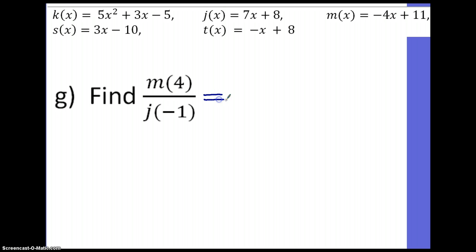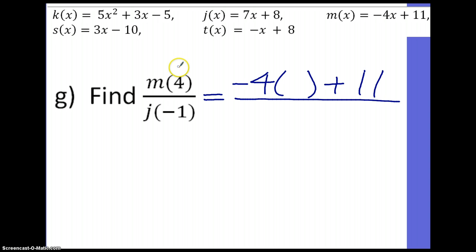Okay, this one is similar to what we've done. In this one, we're just going to focus on the top. It's m of 4. So we write out equation m, and the x is 4, so we're going to plug in a 4.